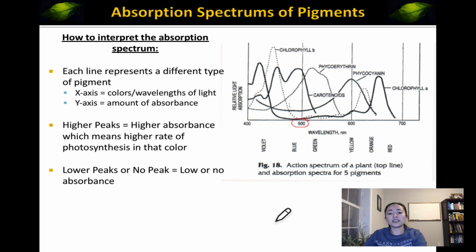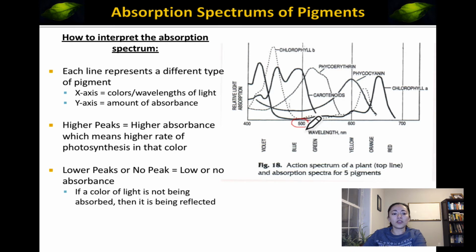Since that light isn't being absorbed, for example blue light is not being absorbed by chlorophyll A, and green light barely is, those colors of light are therefore being reflected. So if it's low here, it's being reflected. This is why chlorophyll A looks kind of greenish or blue-green, because it can't absorb blue-green light at all.